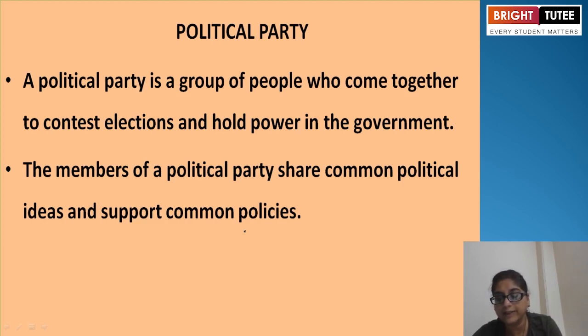And there are modern definitions also, where modern writers have defined it in a very different way. They say that parties are more like political machines organized to win elections and build power. So a party is a group whose main purpose is to act in the competing struggle for political power.